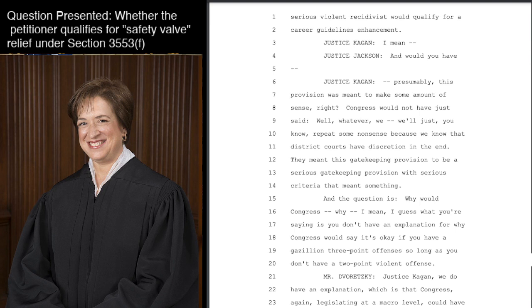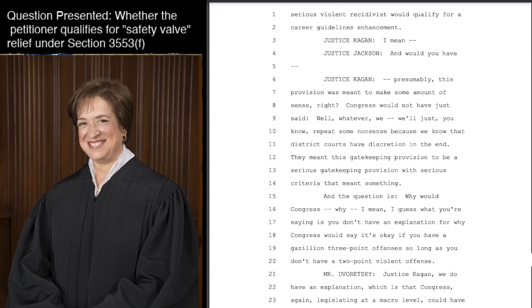And the question is, why would Congress say it's okay if you have a gazillion 3-point offenses so long as you don't have a 2-point violent offense? Justice Kagan, we do have an explanation, which is that Congress, legislating at a macro level, could have rationally thought that the combination of A, B, and C was serving a gatekeeping function.